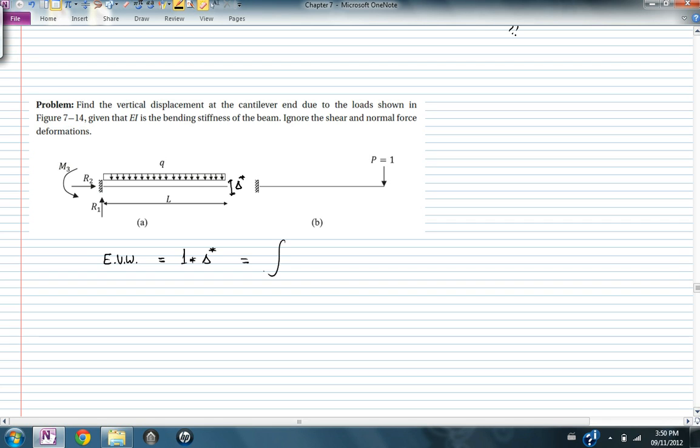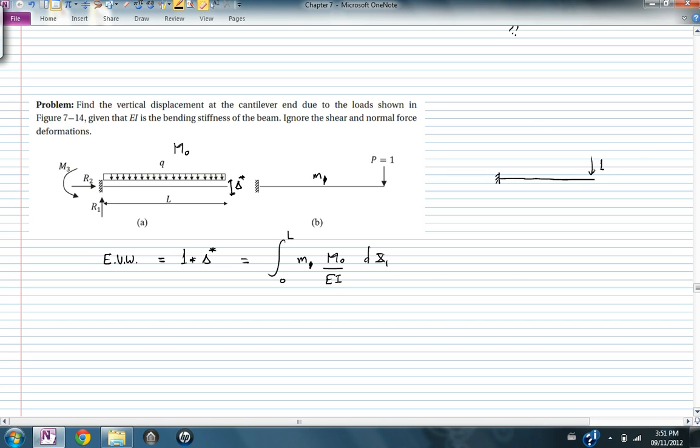This is equal to the integration of the bending moment m1, multiplied by the bending moment m0, divided by EI, integrated over the length, so I need to find m1 and m0.